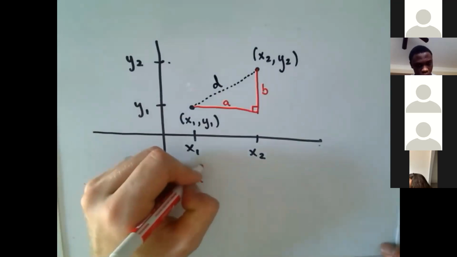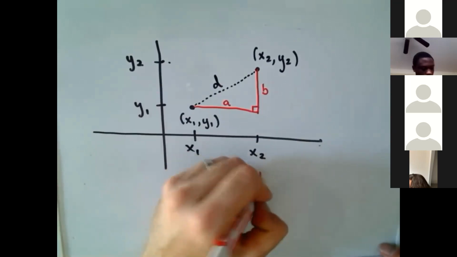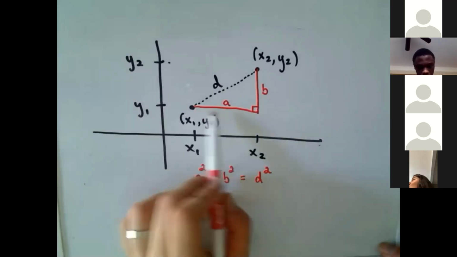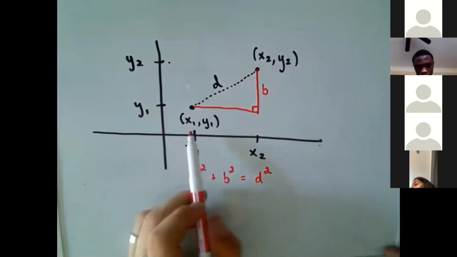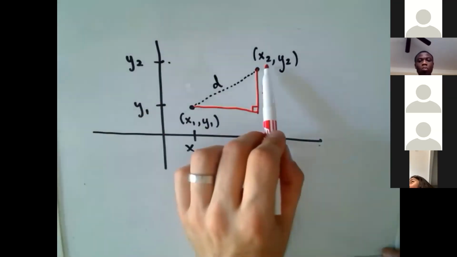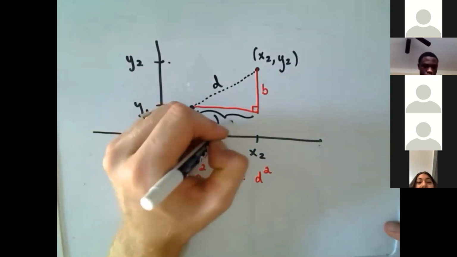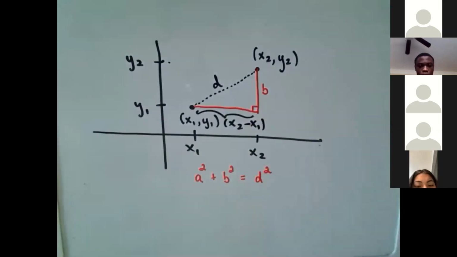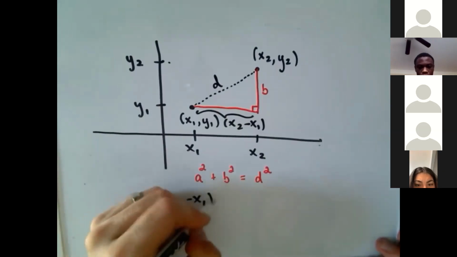So the Pythagorean theorem would say A squared plus B squared equals, well, D squared in this case, but we can actually figure out a numerical value for A and for B. If I'm already at the x coordinate x1, and I go over to the x coordinate x2, that horizontal distance is going to have value x2 minus x1. So that length A is going to be x2 minus x1, all squared.